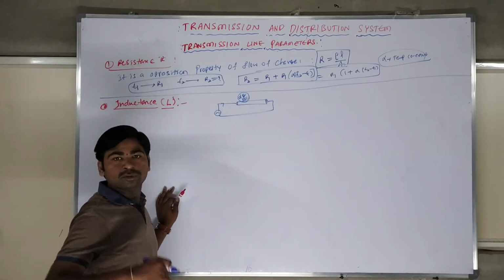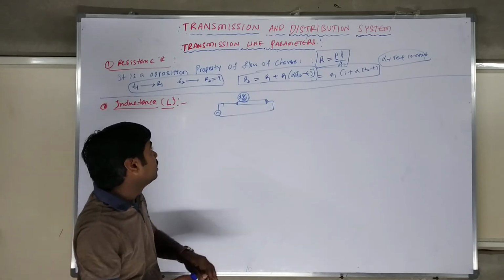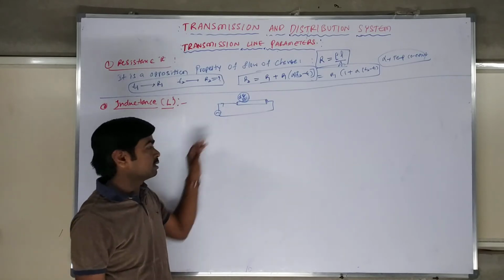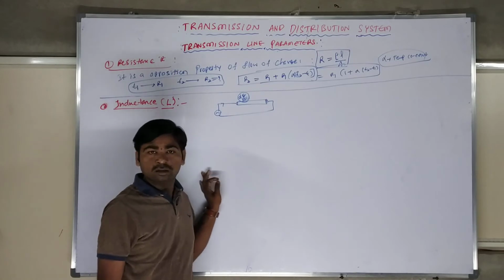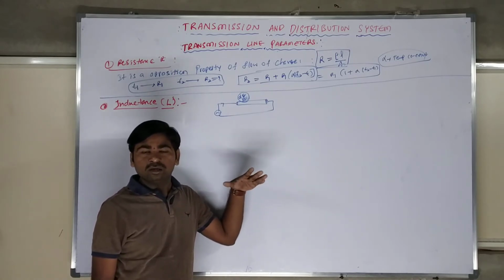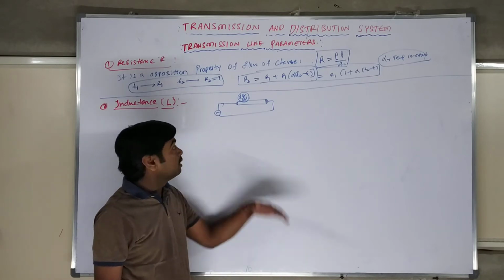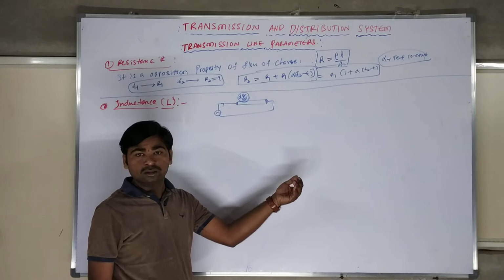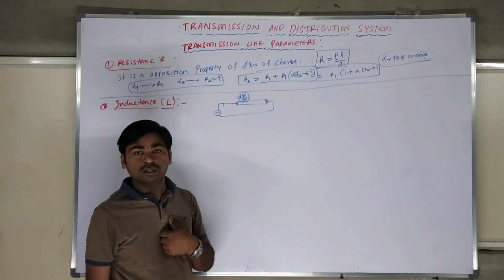Once again, I'll repeat: whenever alternating current is given to any conductor, because the changing current links with the conductor, flux linkages automatically take place. That flux linkage with the conductor means the conductor will possess an inductance.